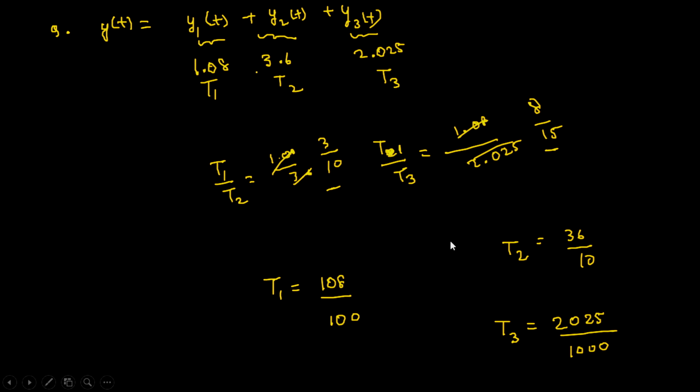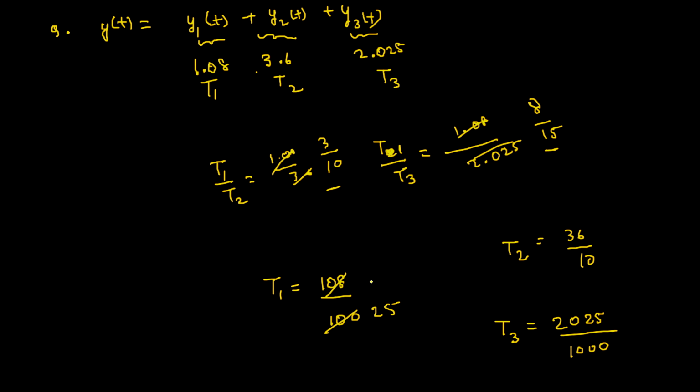Okay, anyway, so we need to find all the time periods and write them in the simplest form possible, which is 108 by 100. I mean, we haven't simplified them yet. We need to write all of them in fractional form, and then write them in the simplest form possible. So both of them are divisible by 4.